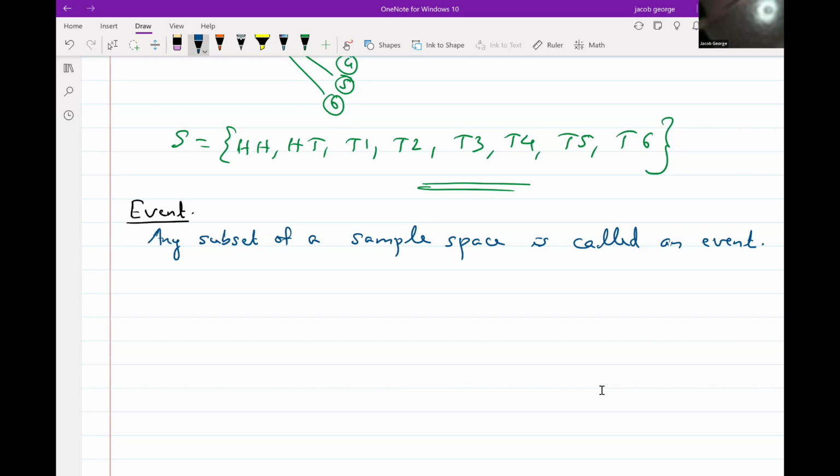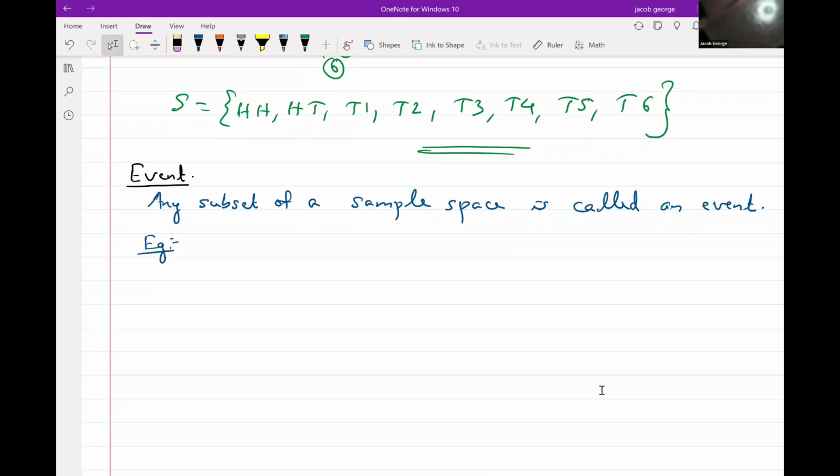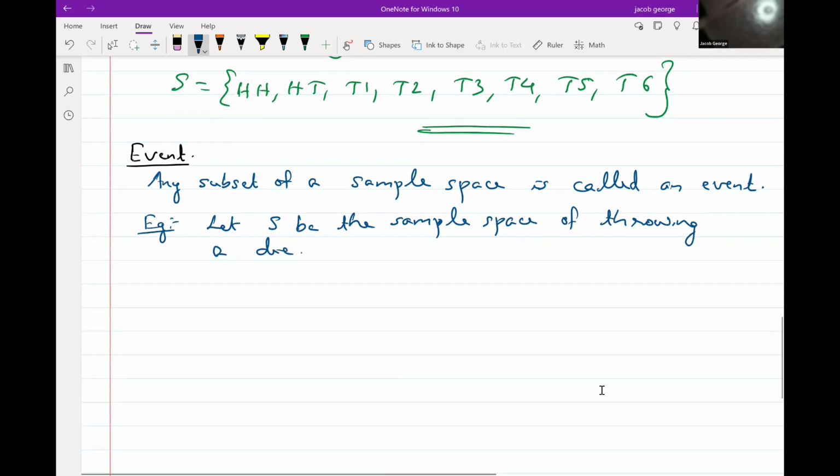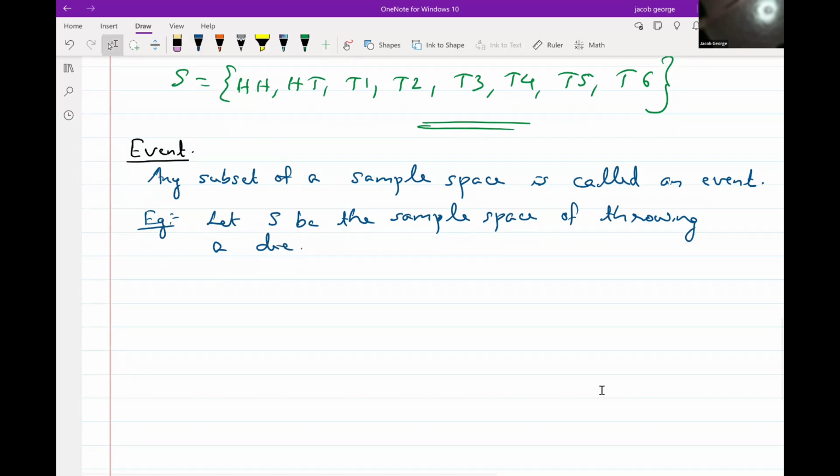Example, let S be the sample space of throwing a die.